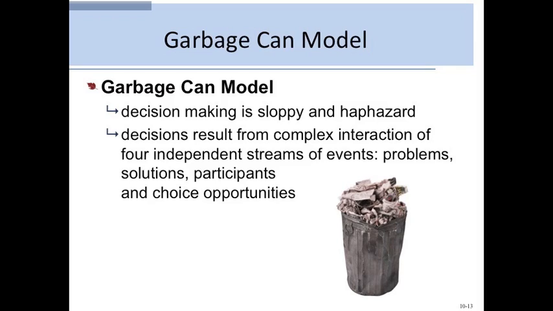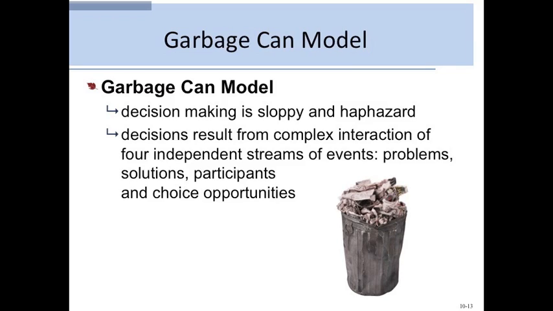They argue that there are solutions already available in the organization that are essentially looking for problems. So people have already decided, hey, this is something that I want to see implemented, and they go out looking for a problem to implement the solution to. Participants, people that are engaged, are not necessarily chosen because they're the most talented or can bring the best performance to the situation, but they might be chosen because they aren't doing anything at the time, and so they go in and out of the process, and opportunities occur for decisions to be made.